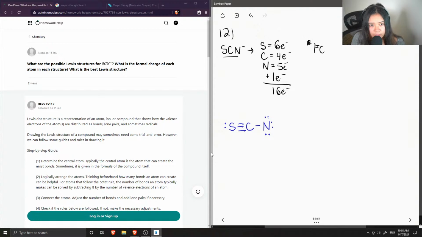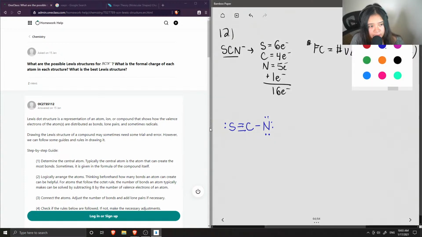So formal charge is equal to the number of valence electrons minus the number of non-bonded electrons, so these are all the electrons in the lone pairs, minus the number of bonded electrons divided by 2.